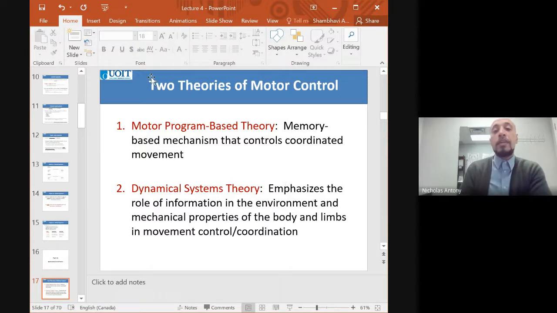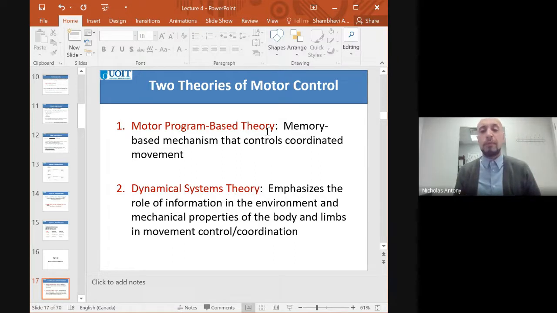But the two main theories that are out there are the motor program based theory, which was the original one, and then the dynamical systems theory. The motor program based theory is thinking that every class of action, so every type of motor skill, is defined by certain variables, but we have the memorization of that program.